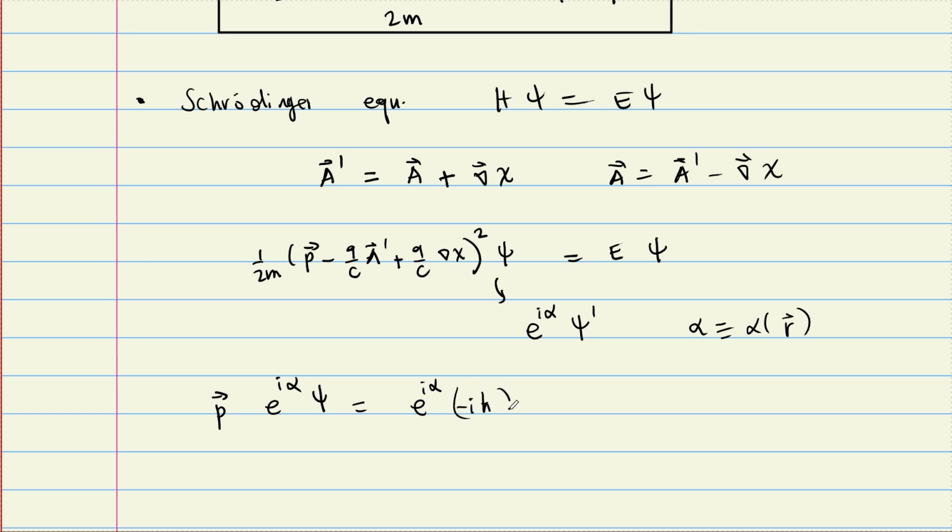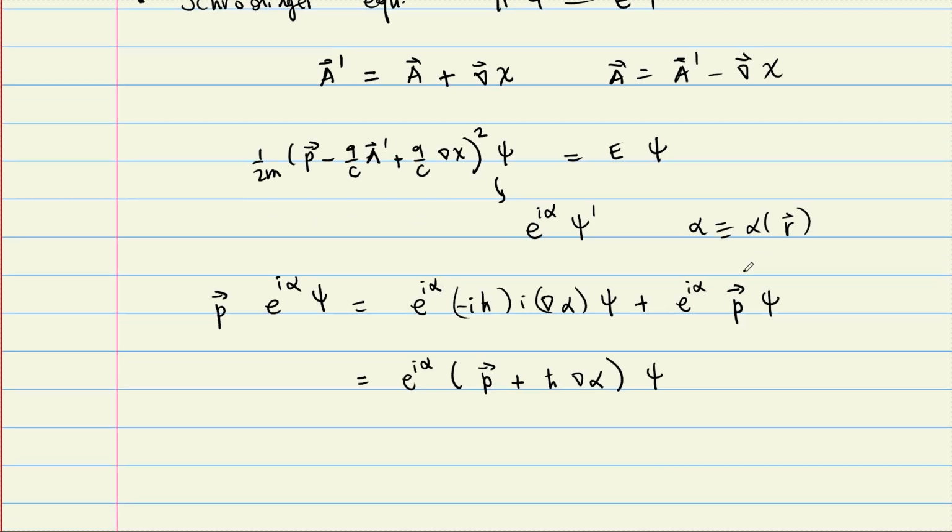This is minus i h bar, i gradient alpha psi plus e to the i alpha p times psi. I combine these two, so this is e to the i alpha, p plus h bar gradient alpha, psi. So p acts on e to the i alpha in such a way that you jump over e to the i alpha and you pick up this p plus shift.